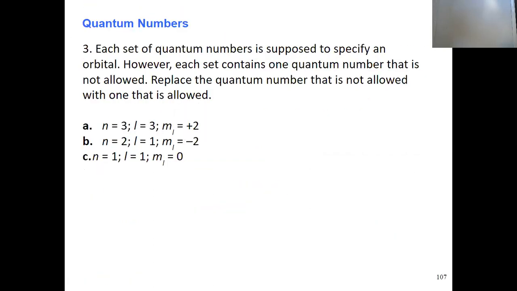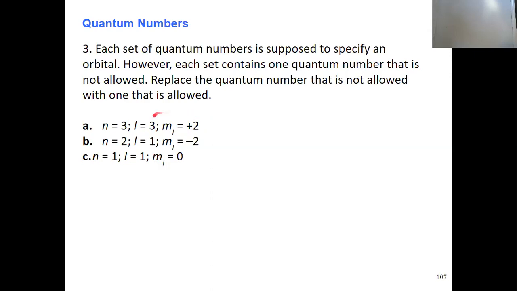I should probably tell you the right answer. In this case, for each set of quantum numbers, there's something that's wrong. For choice A, if n equals 3, L can be 0, 1, or 2.